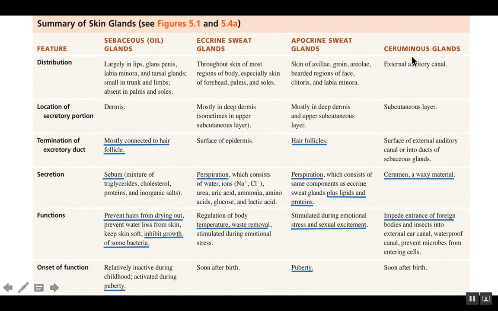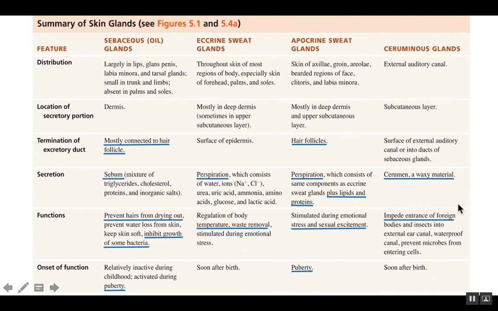The fourth type of gland are the ceruminous glands. Cerumen is a waxy material we call earwax because these glands are specifically located in the external auditory canal. The function of this material is to coat that canal with a sticky material.